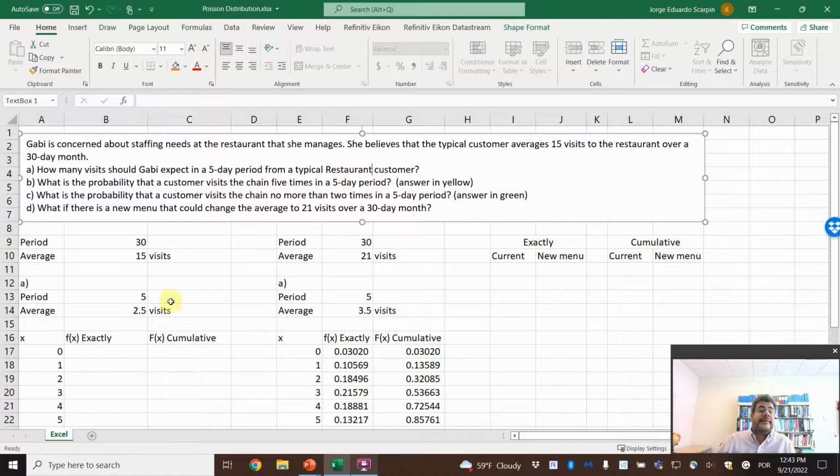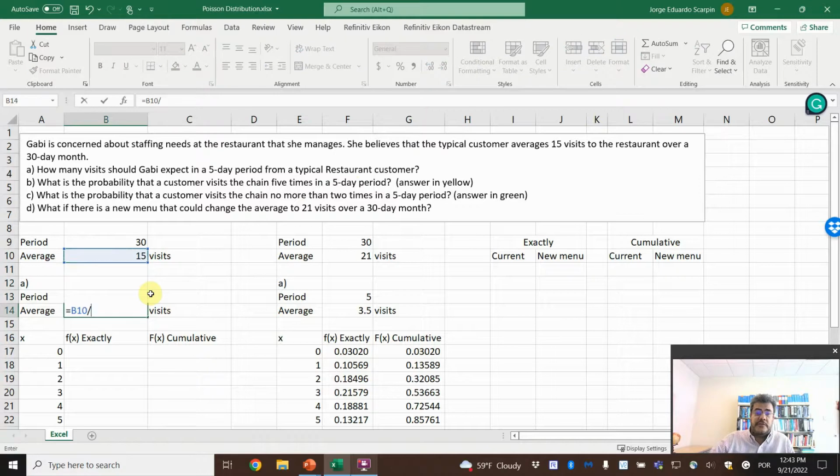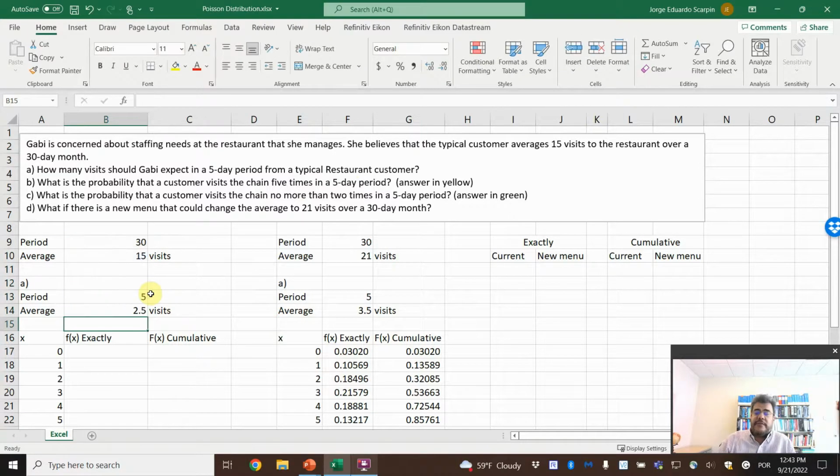Okay. So, if we are talking about 5 days, the average will be 15 visits divided by 30 days times 5 days. So 2.5 visits.